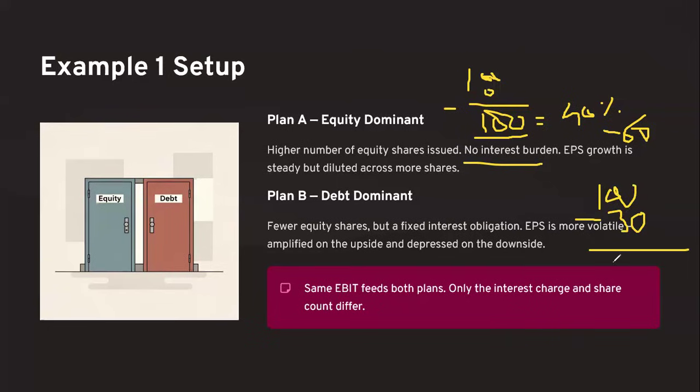Then 70 rupees are available to shareholders. But when my income is reduced, my tax percentage, suppose it is 20%. So I'm paying 14 rupees tax and 56 rupees are available. So here, having the debt becomes your tax shield.